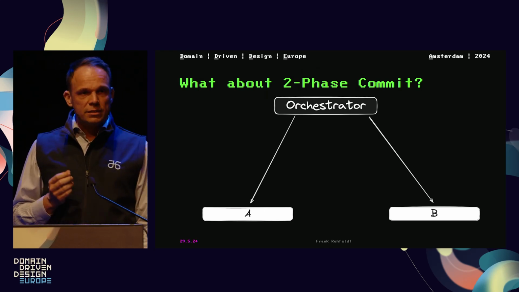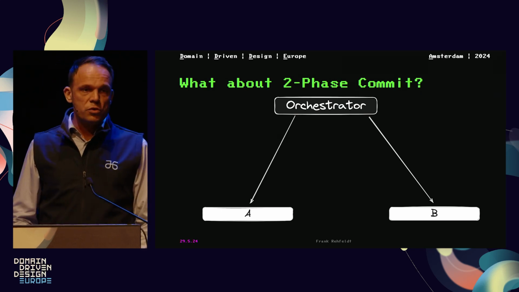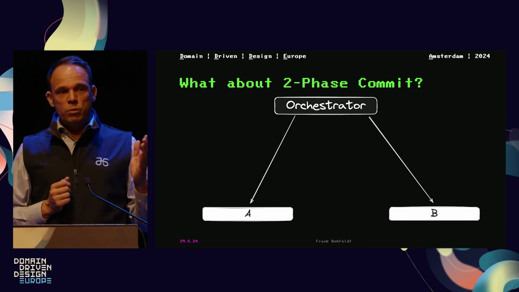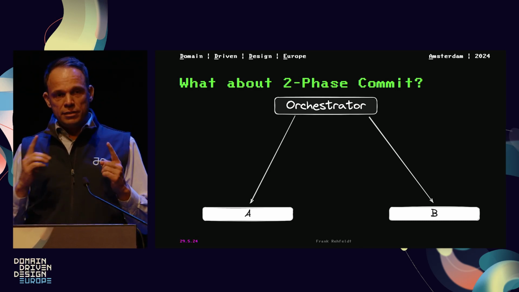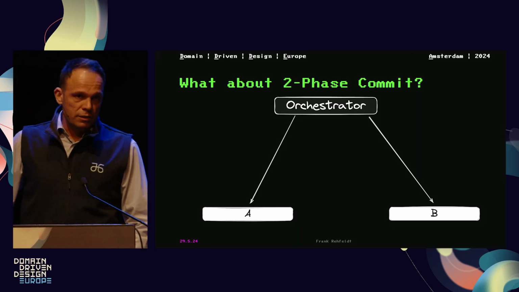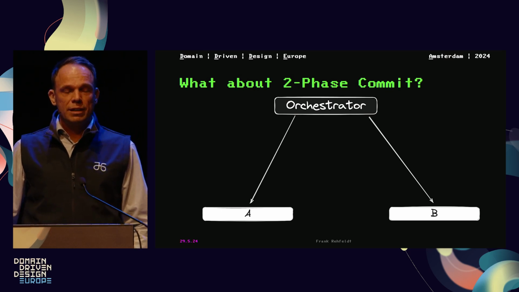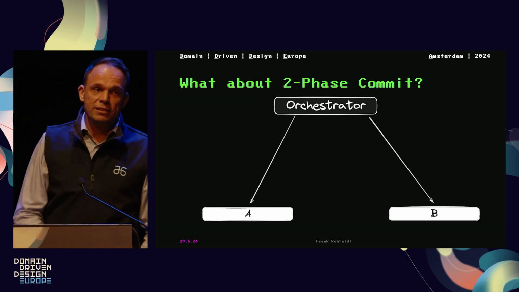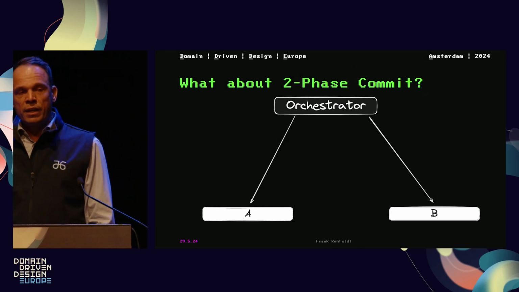And this is easy to see because in the second phase, where the orchestrator gives the command to commit, maybe one participant commits earlier than another, and in this, even if it's only a short period of time, you can observe dirty reads. And these dirty reads are sometimes a really serious issue, as we have seen.